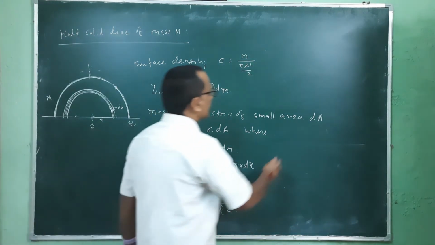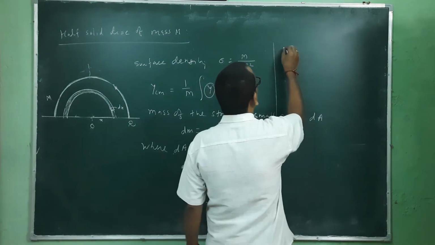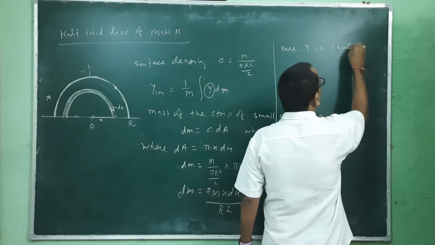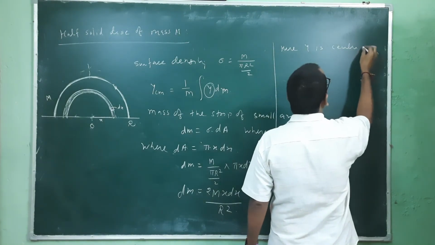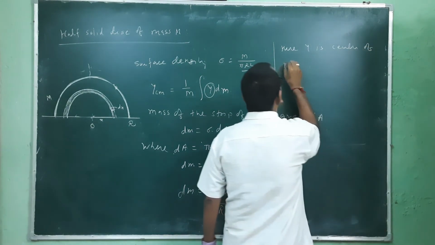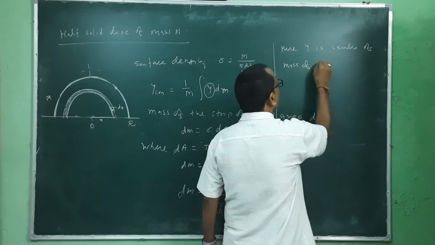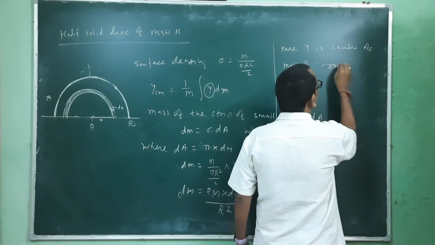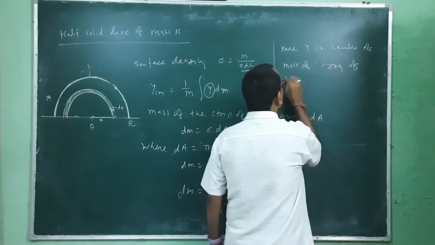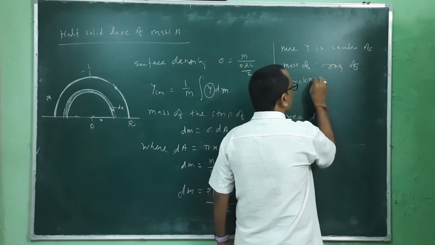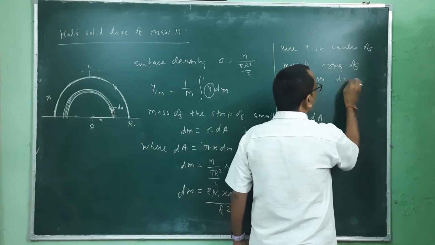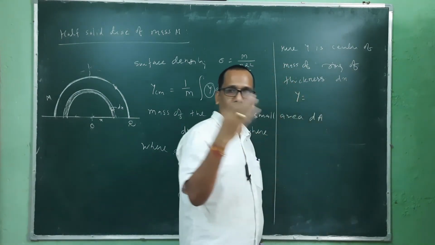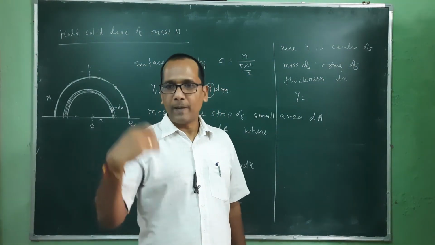So y is the position of center of mass of a small ring of thickness dx. So y is equal to, just there we got 2r by pi.